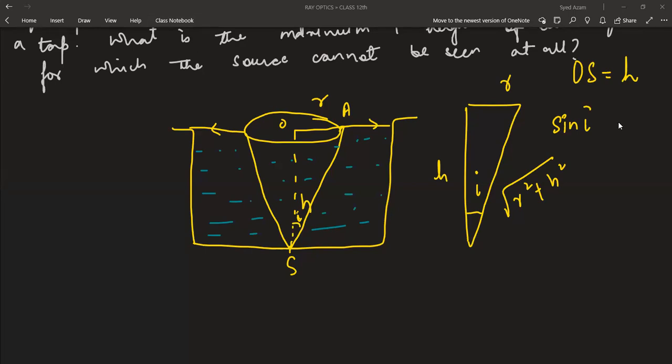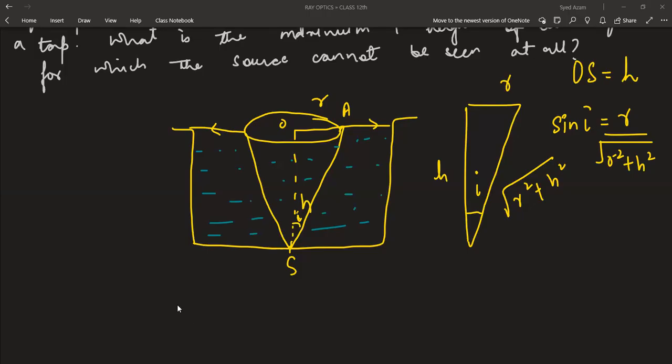Correct. Very good. Perpendicular upon hypotenuse. Perpendicular is r. Hypotenuse is under root r square plus h square. So this is sine I, because our purpose is to find out this h. That is the question. So sine I is there.